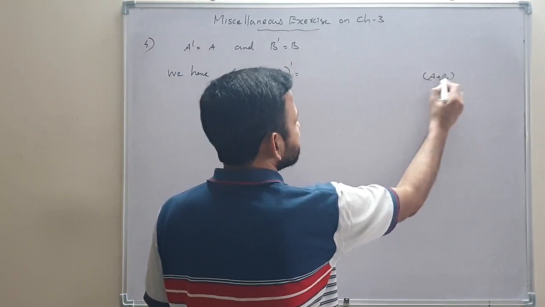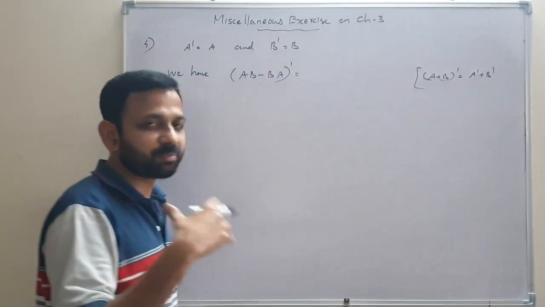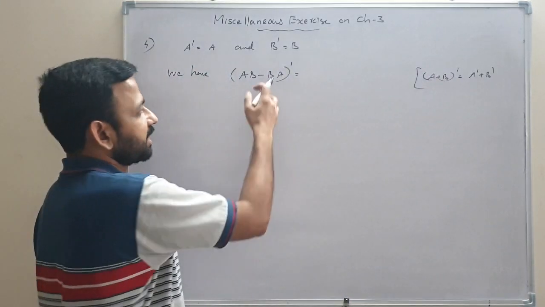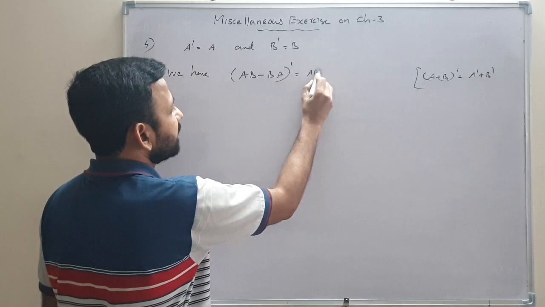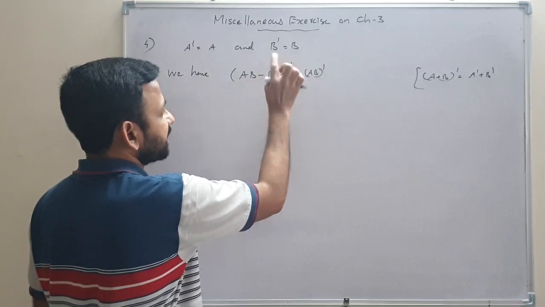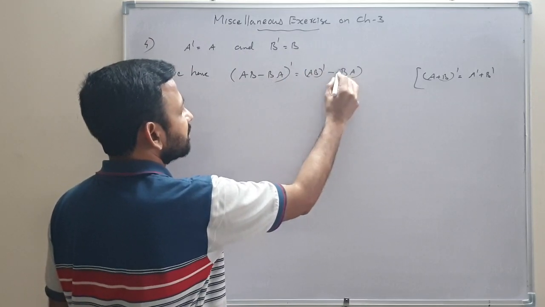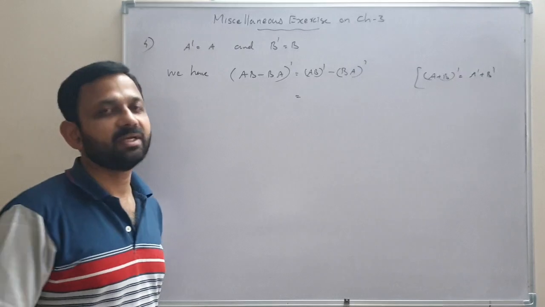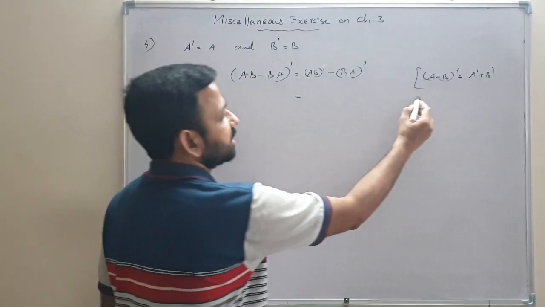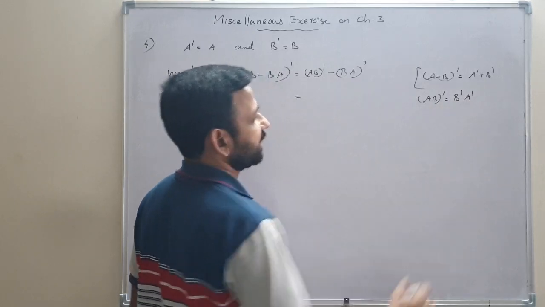(A plus B) all transpose is equal to A transpose plus B transpose. By using that property of transpose, we can write this as AB, the first matrix, transpose minus the second matrix transpose, BA transpose. Then we learned one more property, that is (AB) all transpose is B transpose into A transpose.